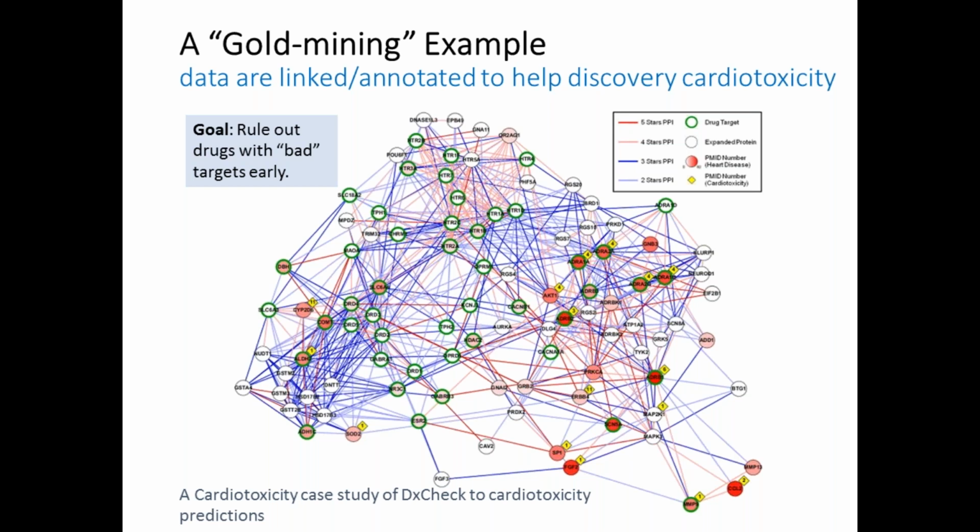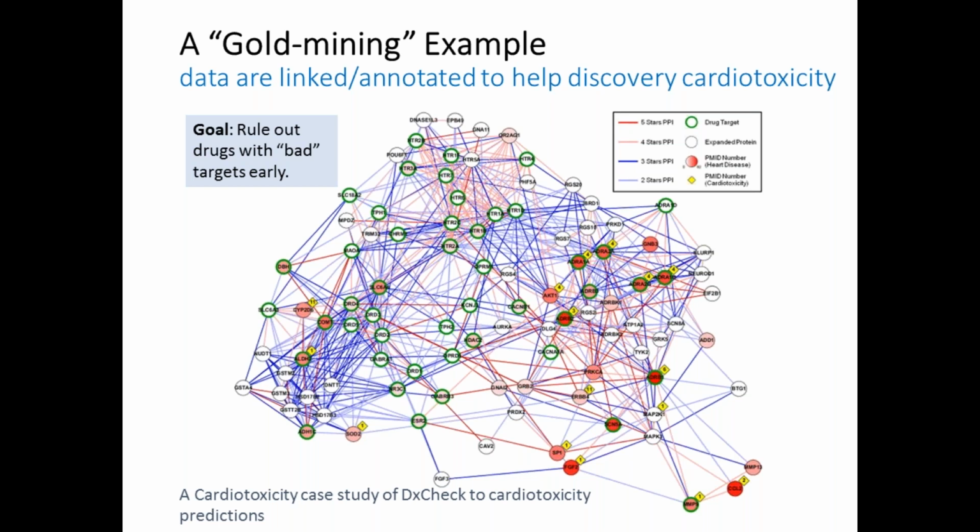You can see some of the drugs, even though they're not designed directly on the cardiotoxic proteins, but just by guilt by association, you have to be extremely careful, right? Because these proteins, once perturbed, can radiate their impact to the neighbors.